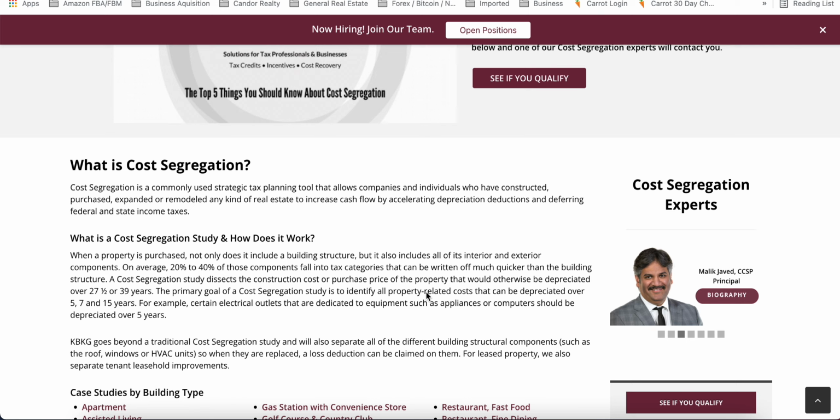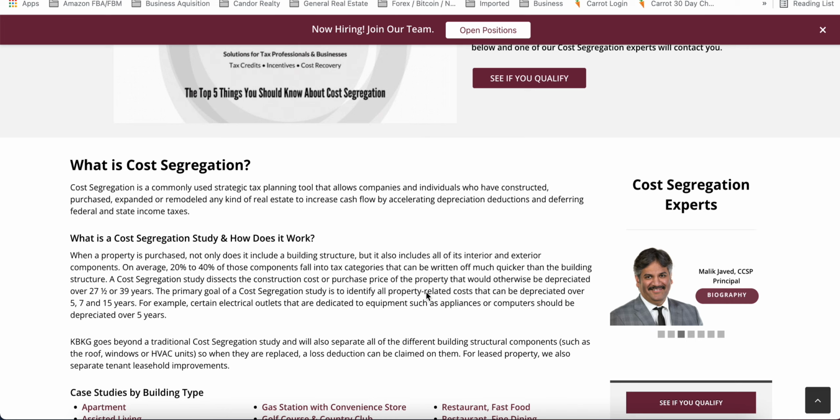So what a cost segregation study is, it's really an engineering-based study, and it's used for both new construction projects and existing projects. It breaks down the building and all the components of the building into individual items, down to things like the outlet or the sewer line or windows or doors. Every single component of the building is categorized. And what that does is allow certain components to be put into shorter depreciation timelines.